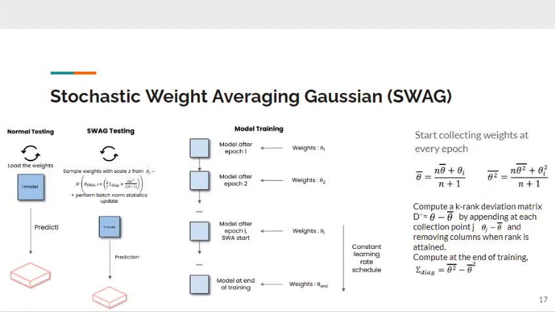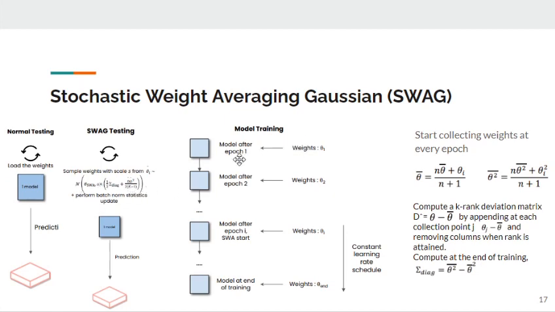When it comes to testing of SWAG, compared to a normal testing that we saw previously, where we load the weights and it goes through a model and the prediction process, in SWAG we sample the weights with a scale S from each weight and then perform batch normalization statistics updates.